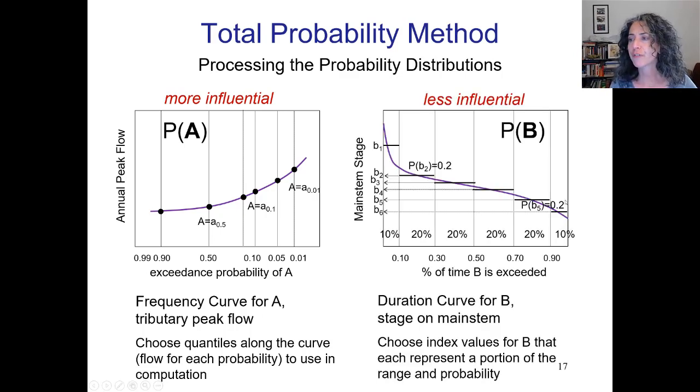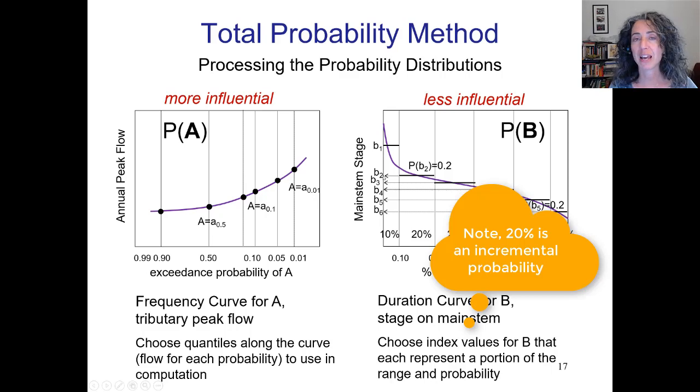For variable B, I'm going to discretize it differently. I'm going to divide up my duration curve into probability ranges, and for each probability range, I'm going to define an index value. That index value will then be associated with the probability for that range. So the probability of B2 is going to be 20%, and B2 will have the index value shown here.